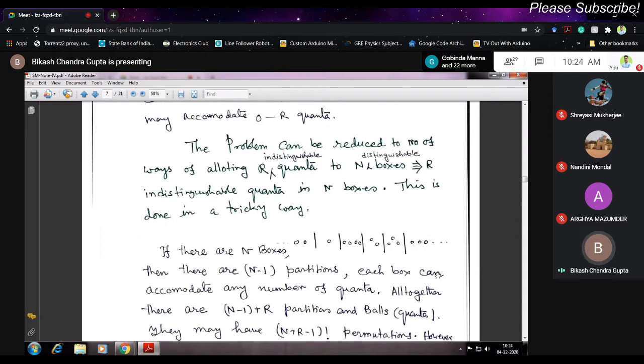Those phonons are not distinguishable. You have the oscillators, and those boxes are distinguishable. In these boxes, the phonons that you are putting are indistinguishable.